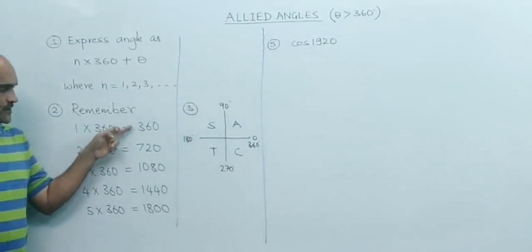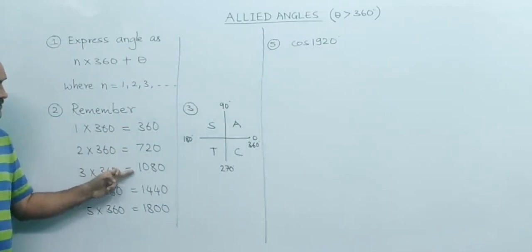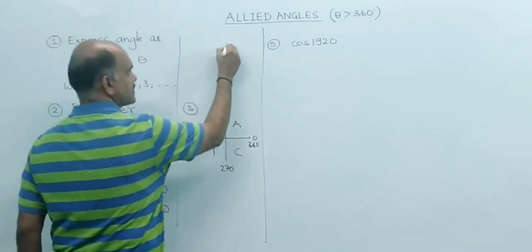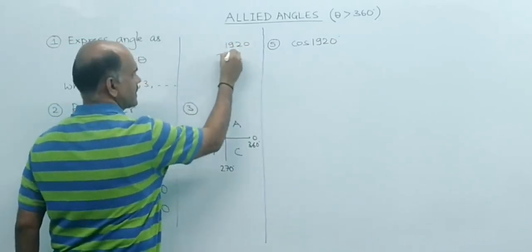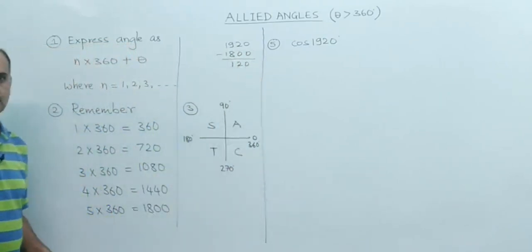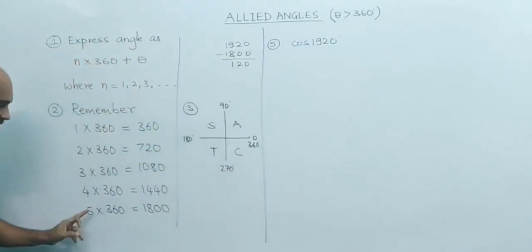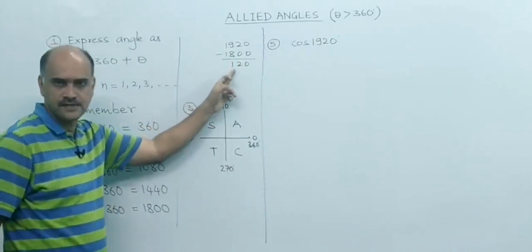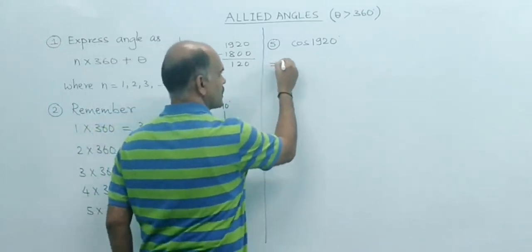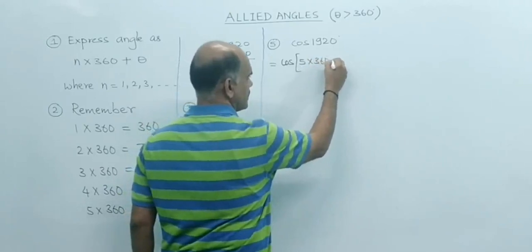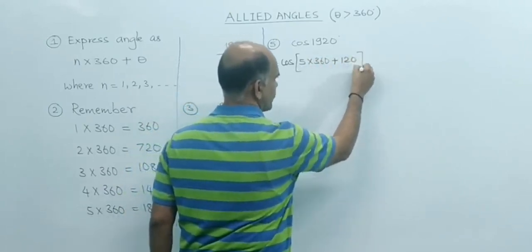Now again you observe here, 1920 is greater than 1800. So how much is it greater? 1920 minus 1800, you will get 120. So 1920 is written as 5 into 360 plus 120. So you will have cos of 5 into 360 plus 120.